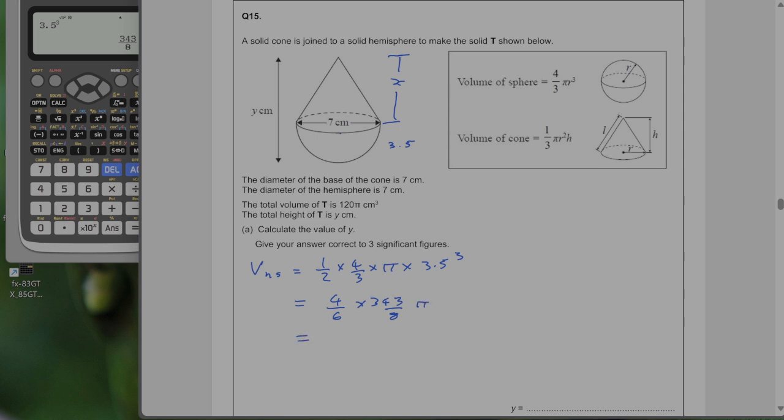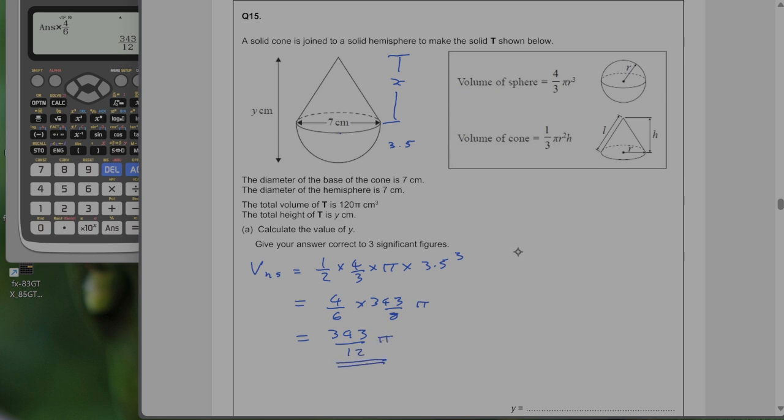So the volume of that, if I just times that by 4/6, actually I could have called that 2/3, but it doesn't matter, is 343/12 pi.